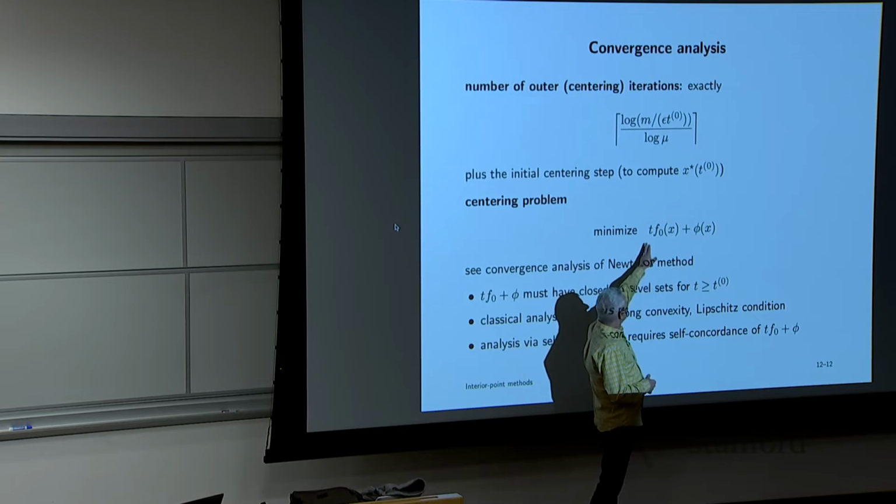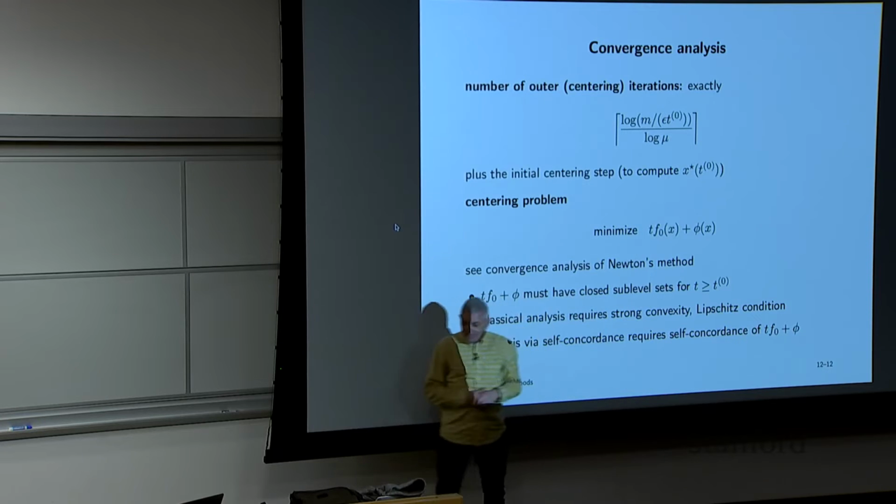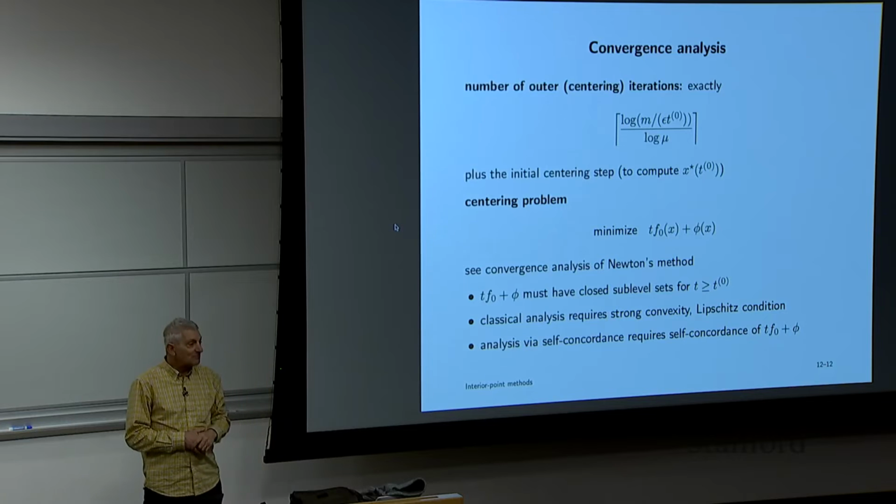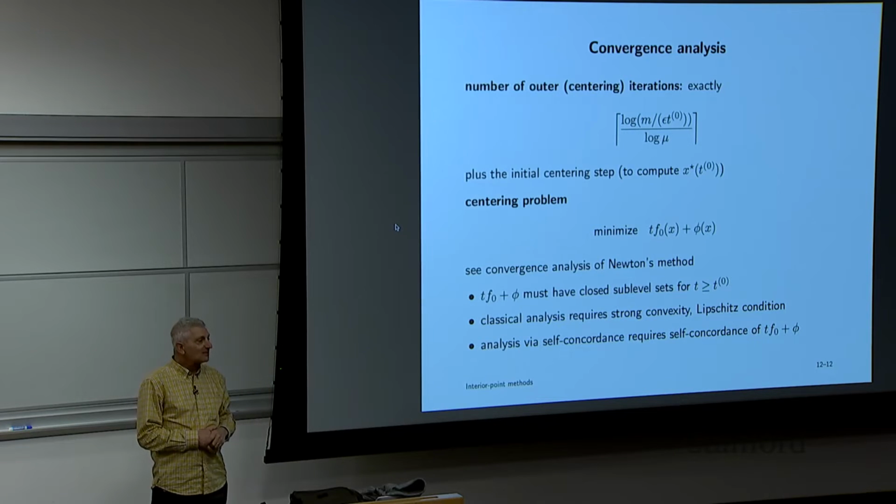But what the classical analysis will predict is that as t gets bigger and bigger, the number of Newton steps will grow. And in fact, it'll grow alarmingly fast. If you're a theorist and you assemble all these things together, you'll find out it's going to grow really fast, and it won't get you what you want, which is a polynomial time method.